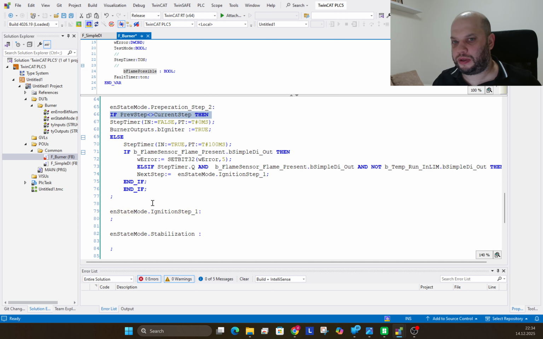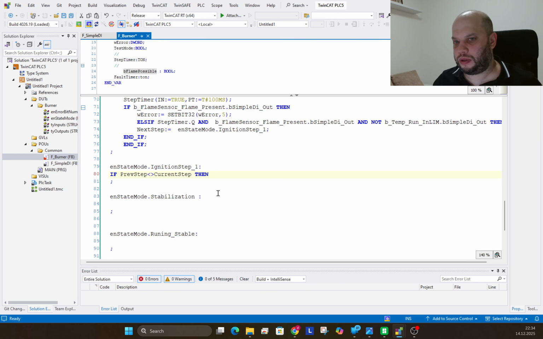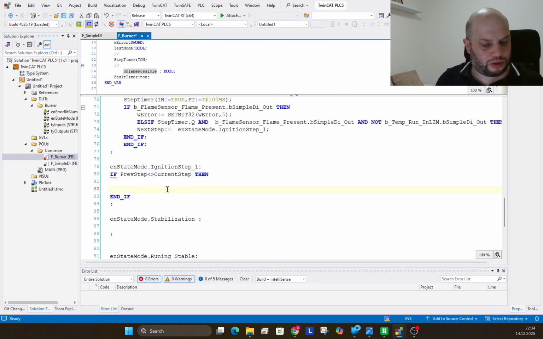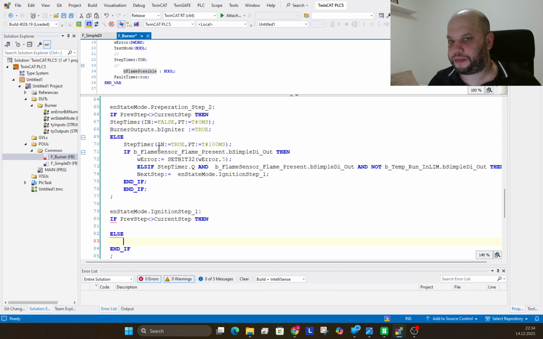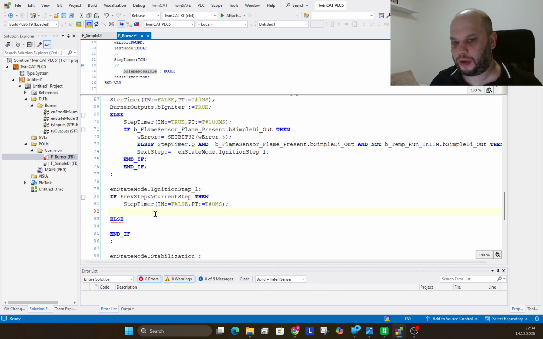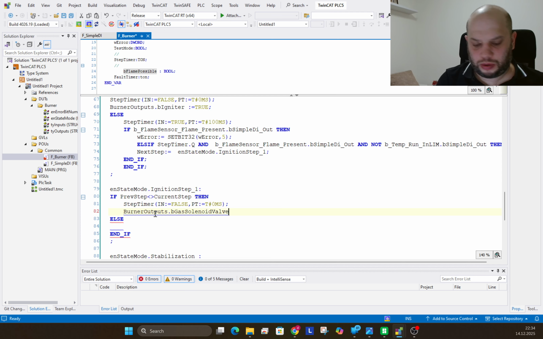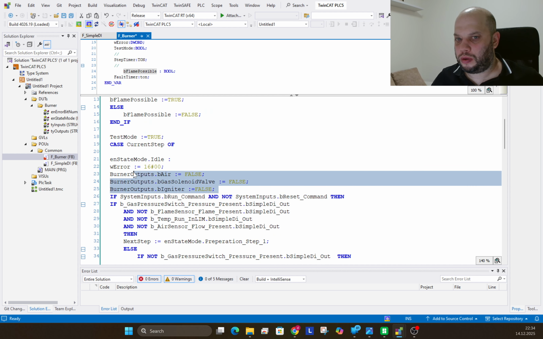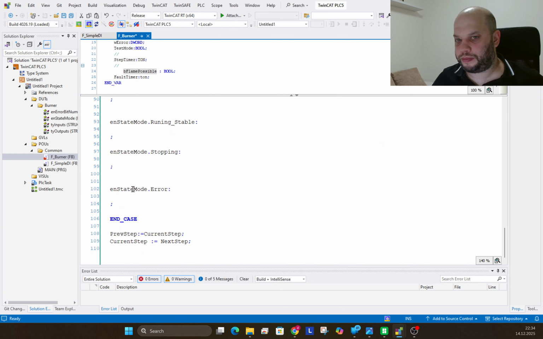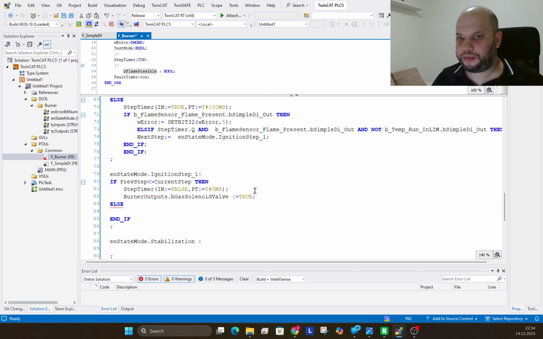Okay, standard instruction. Okay, let's open the solenoid valve. Okay, solenoid valve now is open.